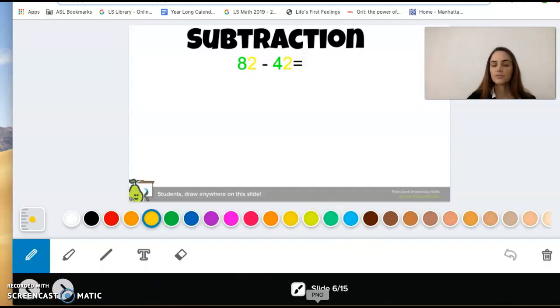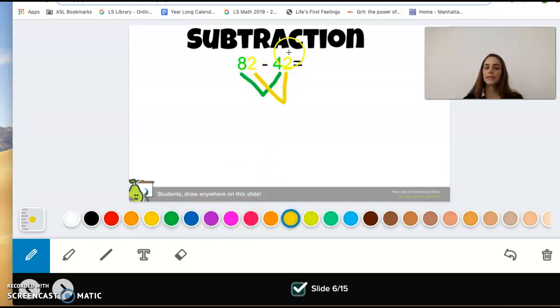Okay, then we have subtraction. I've noticed that some friends do the same strategy of tens and ones, regrouping, and sometimes, let me tell you, this doesn't work. For example, 8 minus 4 equals 4, and 2 minus 2 equals 0. And this time, it worked perfectly. Why?